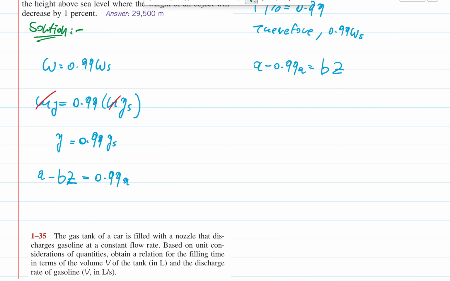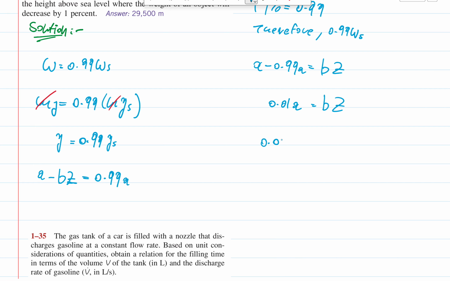All right. So then this will give us 0.01 A equals BZ. Now we can just plug in the values and we'll get the value of Z.